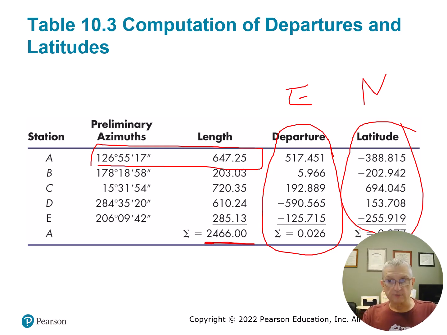The linear error of closure is something that we're always interested in. It's not that complicated. It's just the distance traversed divided by the error. In this case, 2,466 divided by 0.0813 is 1 in 30,342.87.